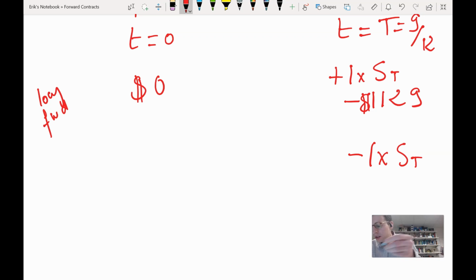If I short sell the stock, I receive some cash, roughly equal to the price of the stock, so $1,100.